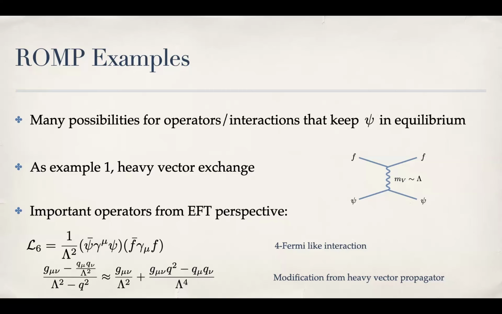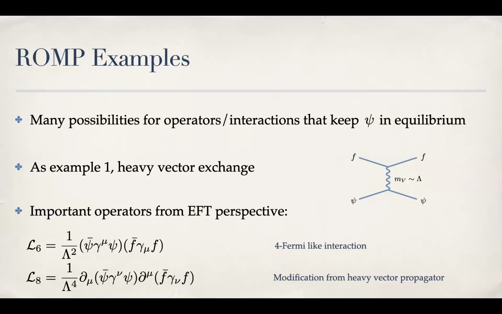But then there's also some momentum squared over additional factors of lambda squared that give rise to some dimension 8 operator. So from an EFT point of view, we're going to actually have to consider some higher dimension operator, say this dimension 8 operator, shown again from this heavy vector gauge boson.